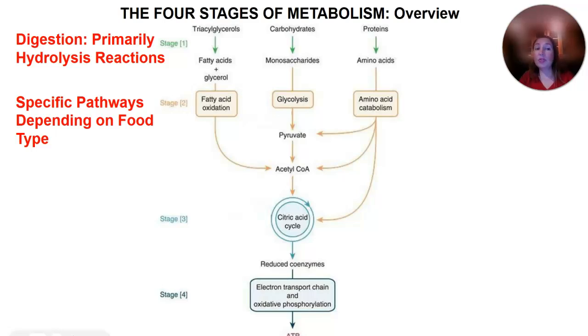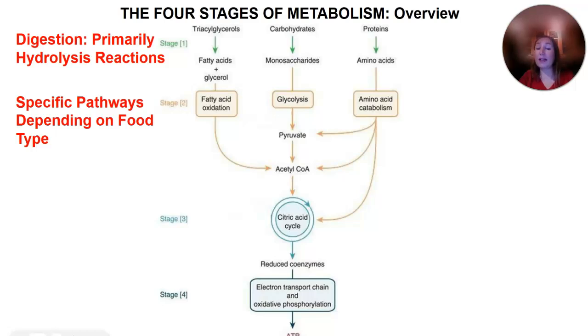In stage two, there are specific pathways depending on the type of food. So there's fatty acid oxidation for the fatty acids from the triacylglycerols. There's glycolysis of the monosaccharides that came from carbohydrates. And there's amino acid catabolism from the amino acids. They undergo these catabolic reactions.